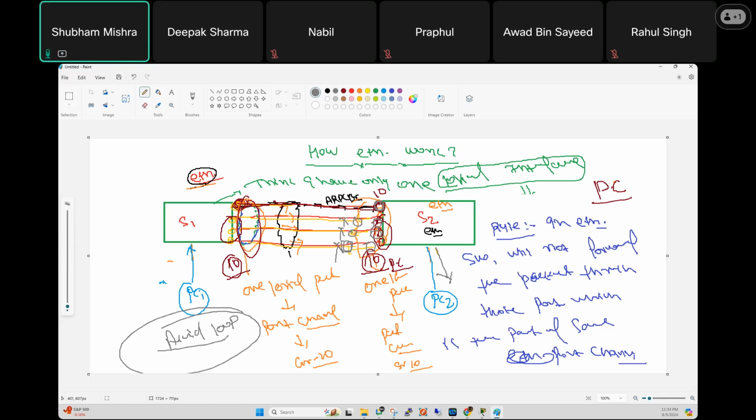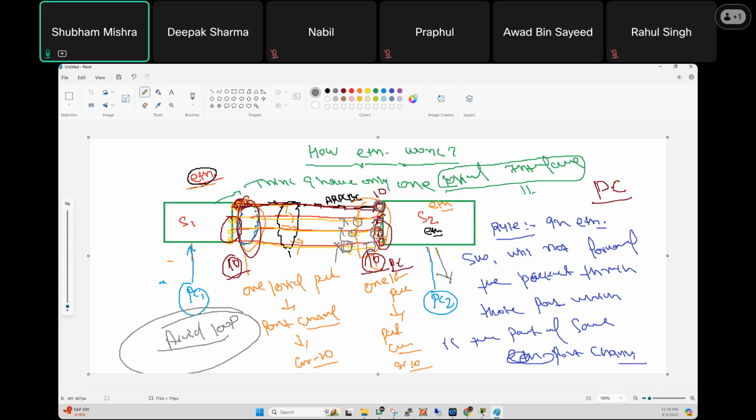So I hope now you understand how EtherChannel actually works. What is the problem in STP? How do we solve the problem in STP? There is a protocol called EtherChannel. How does EtherChannel actually solve the problem which was in STP?